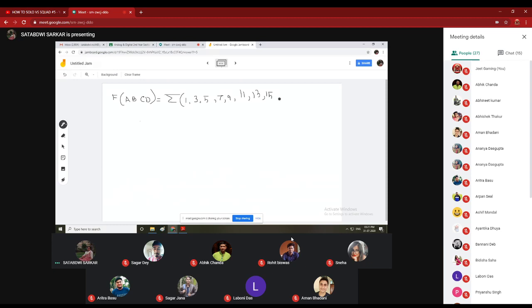So we have to draw the K-map. Here we can see it is up to 15, so we need a 4 variable K-map, or it can also be understood from this function, that is f of a, b, c, d.